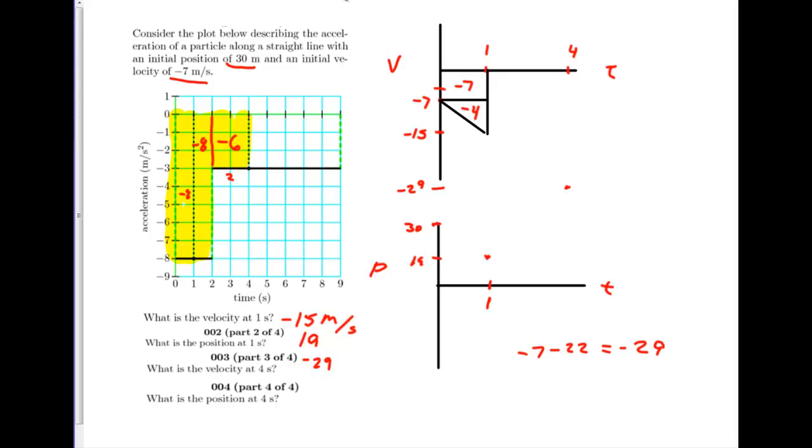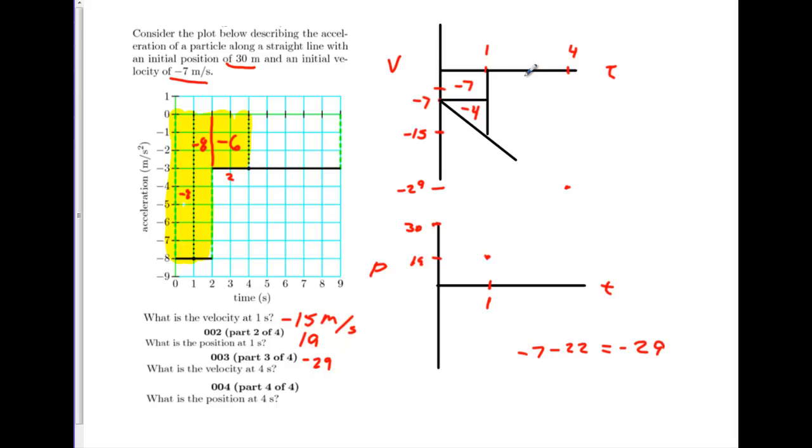So all I need to do now is figure out what my curve is going to be. We know here we lost another 8. So here we're at -15. So -15 minus 8 gives me -23. So all we really need to do now is extend this line down like this.